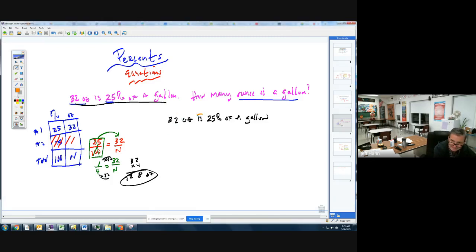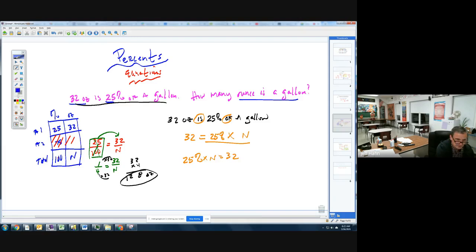In other words, the word is is the same as equal to, and the word of is the mathematical multiplication thing. So if I put my numbers in where they go, 32 is 25% times a gallon, and that's what I wanted to know, what a gallon is. So there's my equation. A lot of times we put this part on the left side, so I'm just going to flip it around. 25% times what number is 32?